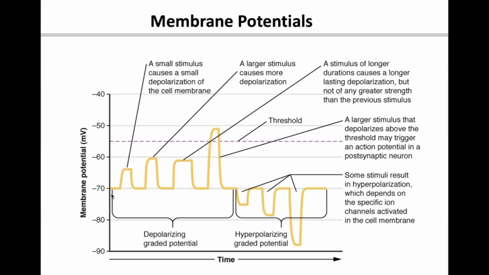But if from negative 70 it reaches a point of negative 55, this part, which is shown in a purple dash, the negative 55, is called threshold. This threshold means at this point, the action potential has been initiated.